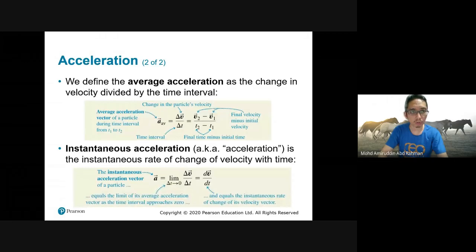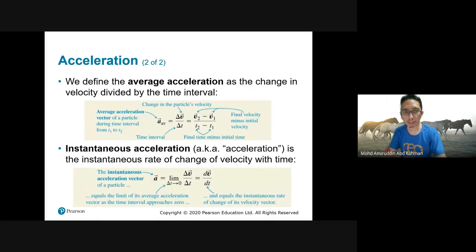Okay, so now we can define what is the average acceleration. Like the average velocity, the average acceleration is delta v over delta t, so we have the vector v2 minus vector v1.